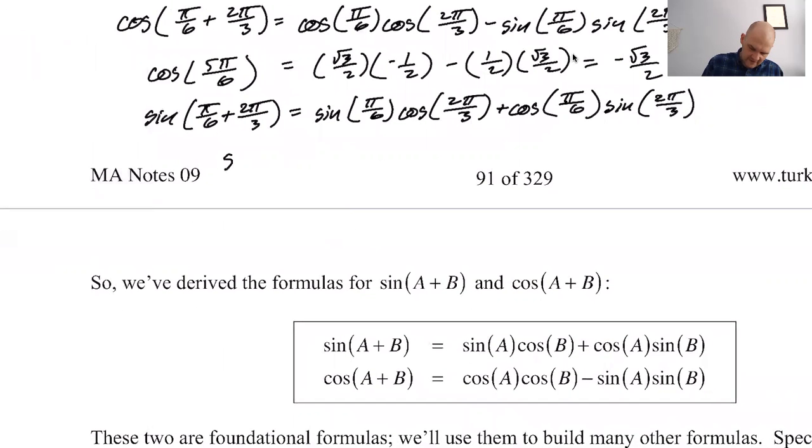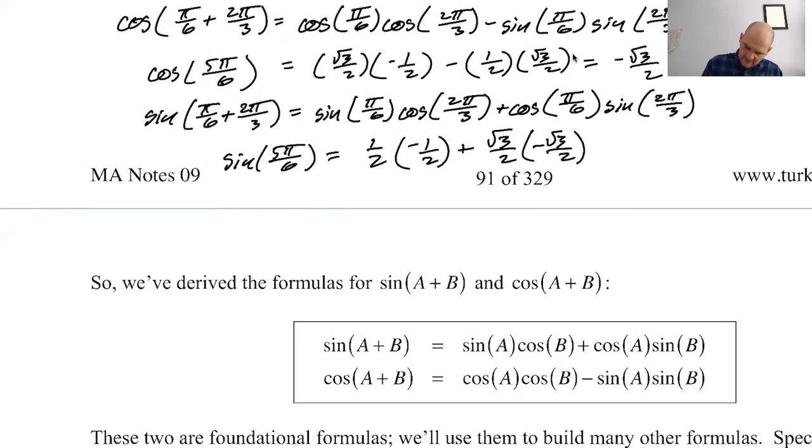What we're really finding is the sine of 5 pi over 6. So we know that the answer is going to be 1/2. But why? You get negative 1/2 plus cosine is radical 3 over 2. And then the sine is negative radical 3 over 2.